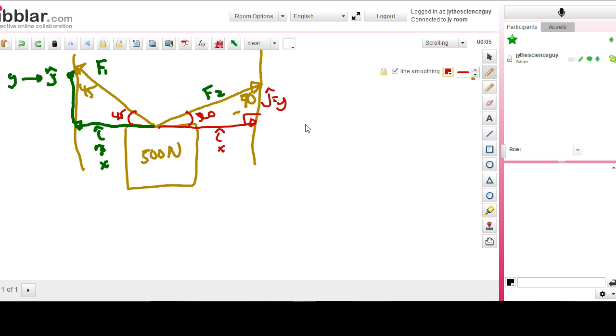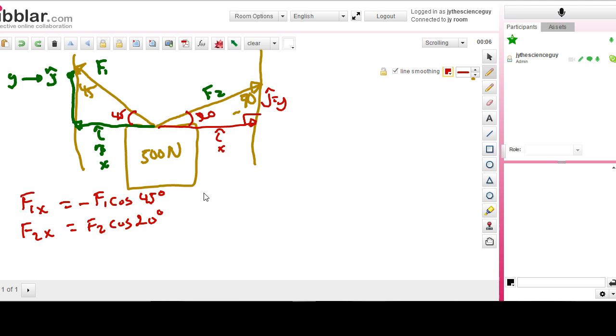So f1x would be equal to negative f1 cosine of 45 degrees. f2x would be equal to f2 cosine of 20 degrees.